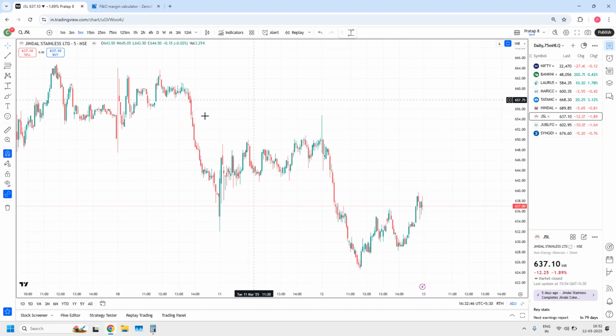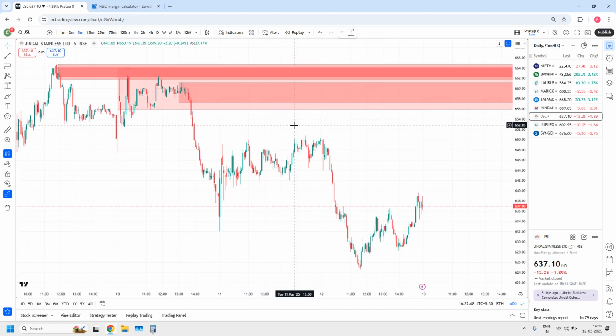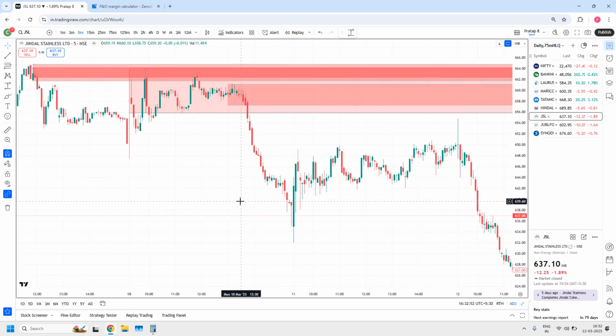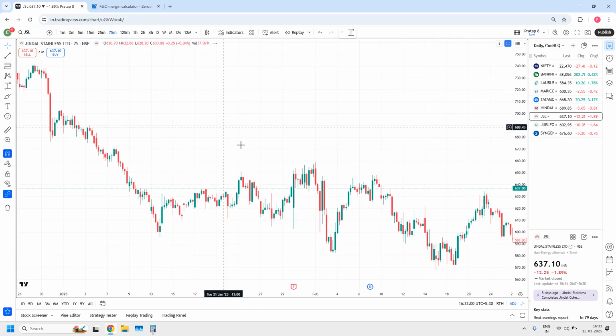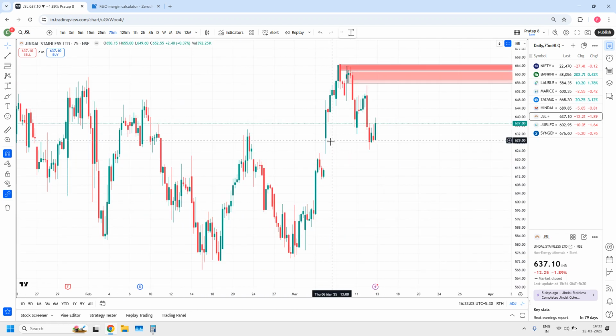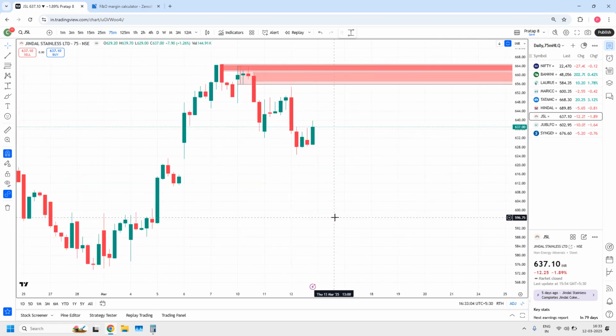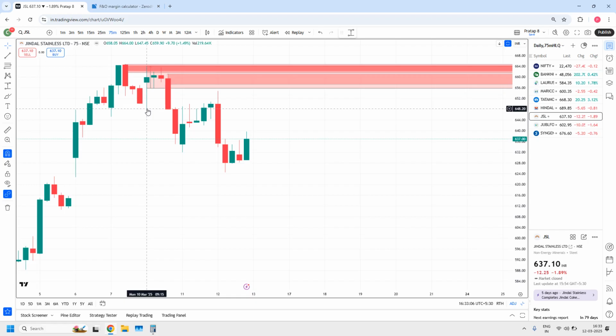Next, JSL. This is also a 75-minute high liquidity zone. And JSL is having two order flows, 15-minute order flows. Before that, let us look into how our software identified this, what kind of zone it is. This is a failed ERC, a rally, two base candles and a drop candle.